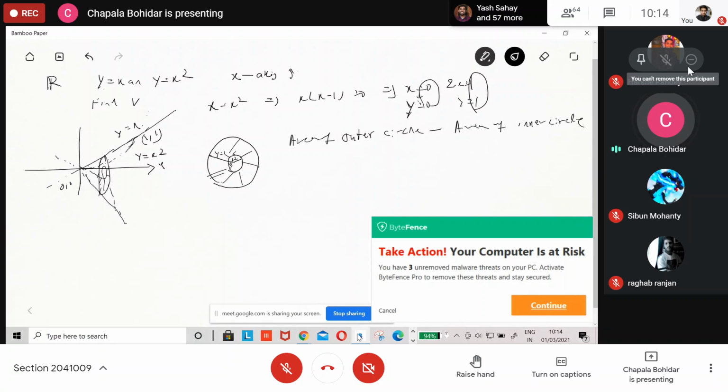The area of the outer one is pi times outer radius squared, minus pi times inner radius squared. Here the outer radius is x, so taking pi outside, it is pi times (x squared minus x to the power 4).